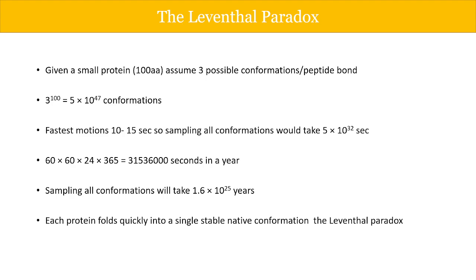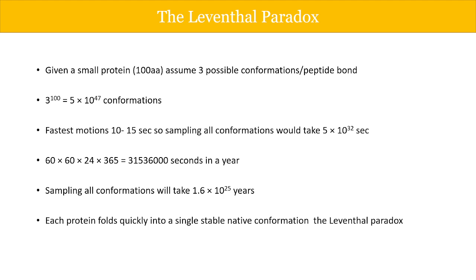And if you consider that these changes in conformation happen in the fastest of motions, that is 10 to the power minus 15 seconds, it would take around 10 to the power 32 seconds to complete an entire sampling of the conformations and get to a particular structure of a protein. That is equivalent to 10 to the power 25 years.